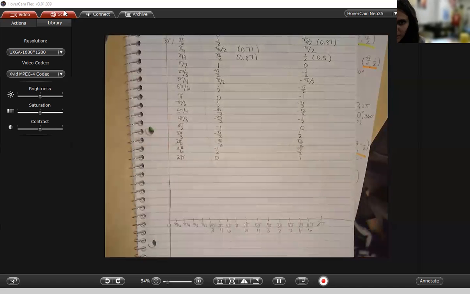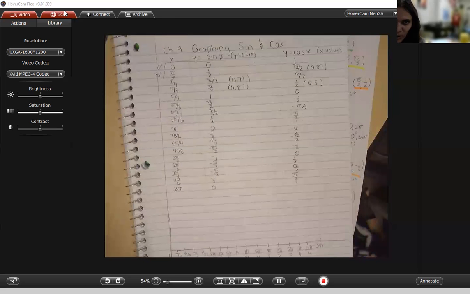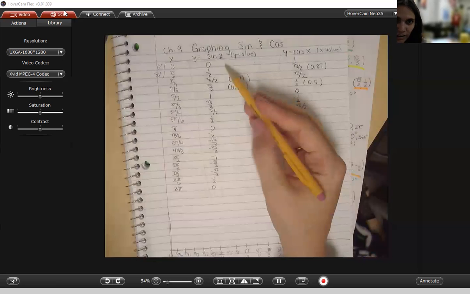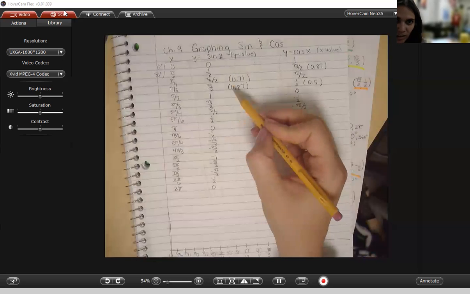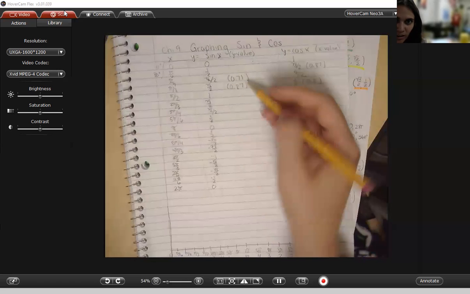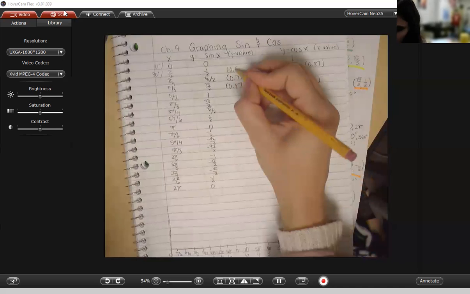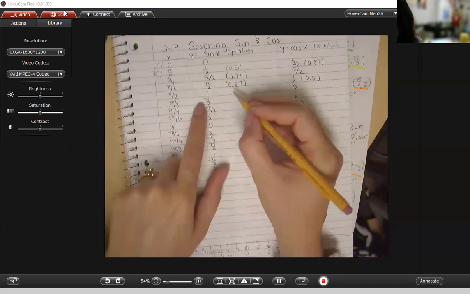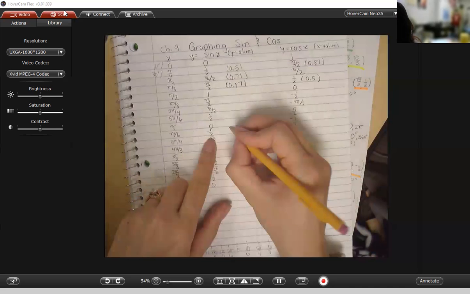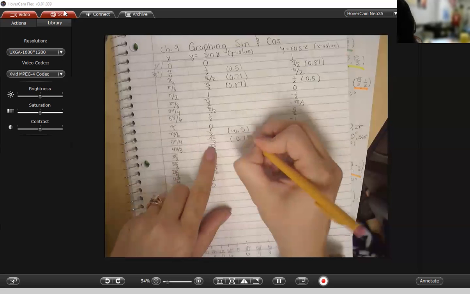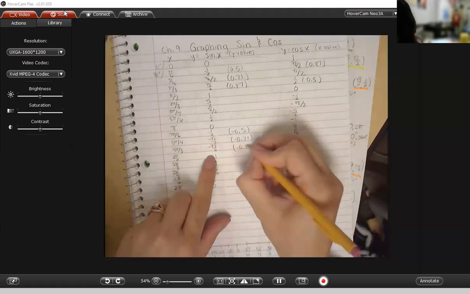Beautiful. All right, my y coordinates, these are going to be my values. Every value I have is either 0, 1, about 0.87, about 0.71, about 0.5, and these go both ways. So here's 1. I would have negative 0.5, negative about 0.71, and negative about 0.87.